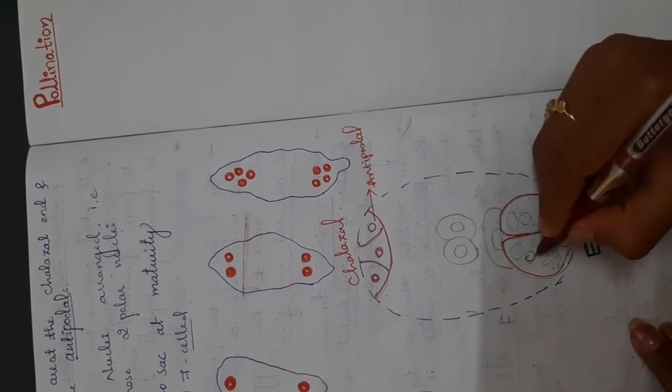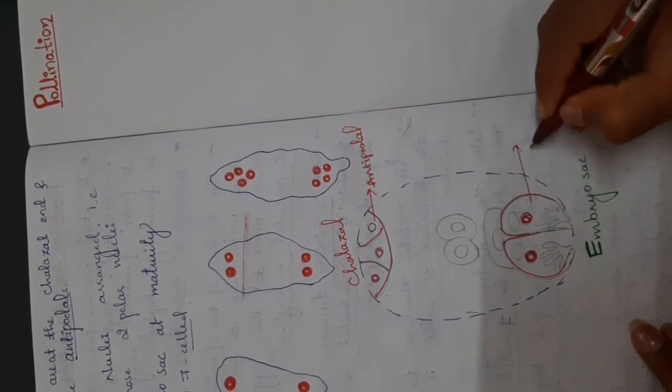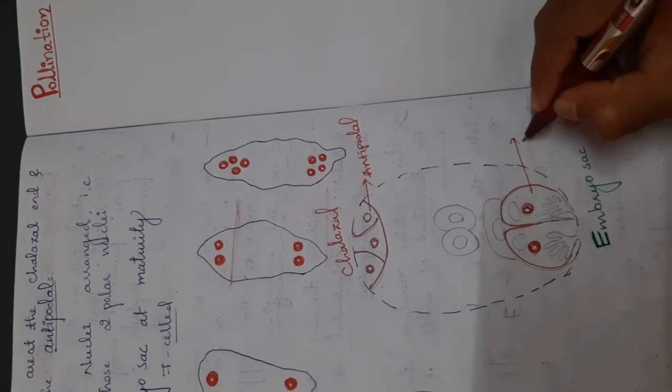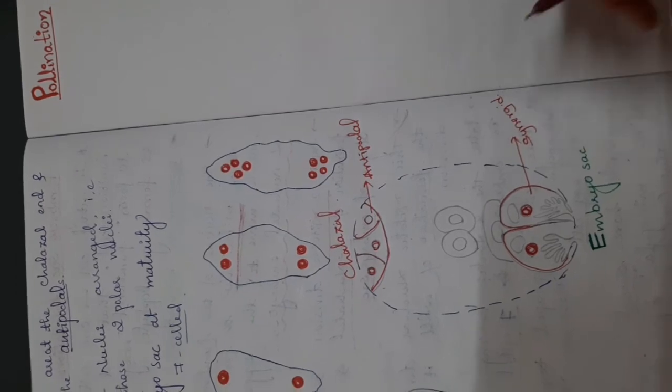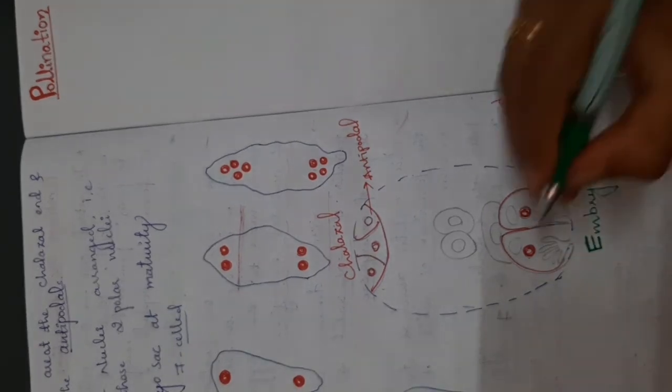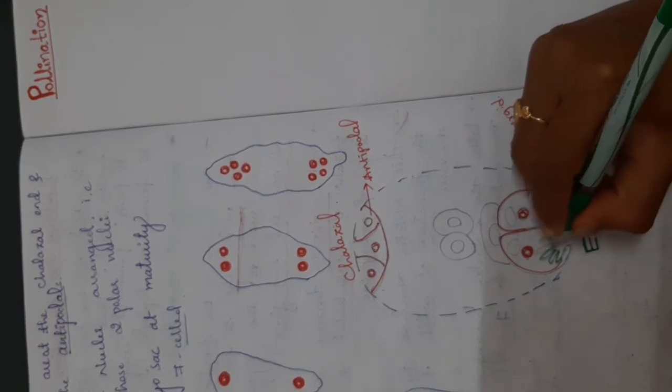Having the two cells, those are the synergids. Synergid cells have finger like projection or wall thickening.